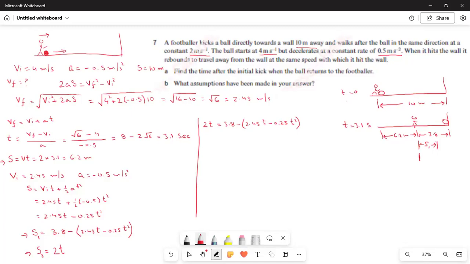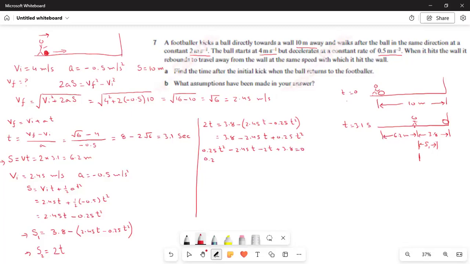Okay, so it is 3.8 minus 2.45t plus 0.25t square. If I rearrange things, if I bring 2t to the other side, it is going to be 0.25t square minus 2.45t minus 2t plus 3.8 equal to 0.